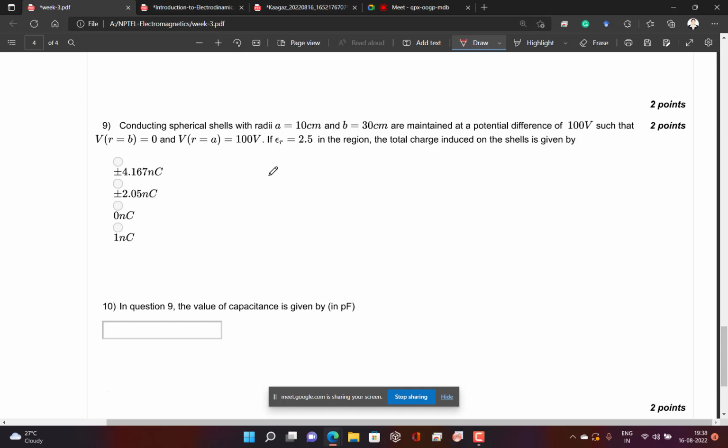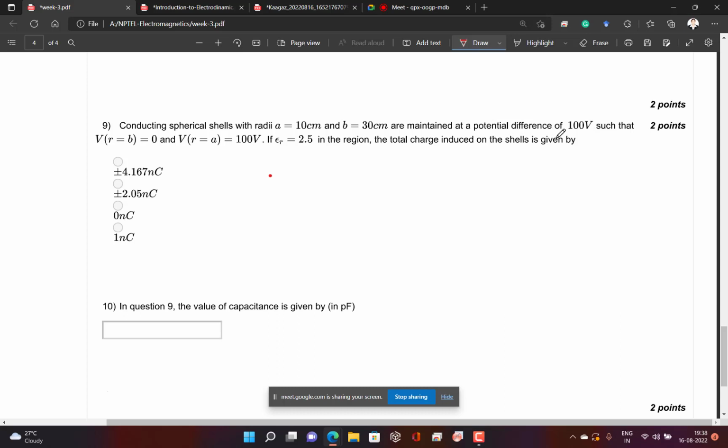This question is for two marks. Here two conducting spherical shells are given to us. They are concentric to each other. One has a radius of 10 centimeters, another has a radius of 30 centimeters.